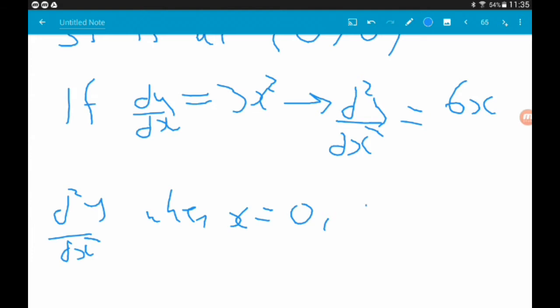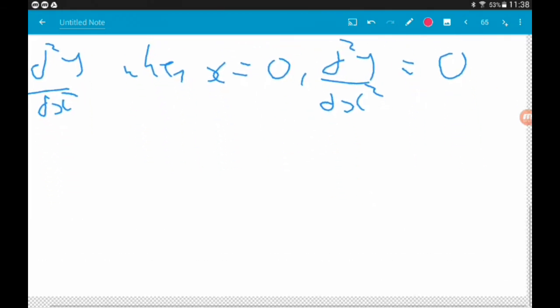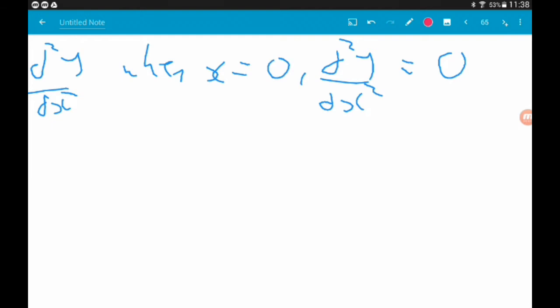So that tells us d squared y by dx squared is equal to 0. So it's not positive or negative. So we have a little bit of a problem here. What we're going to do here, we're going to use something called a gradient table to determine what the gradient is doing either side of the stationary point.